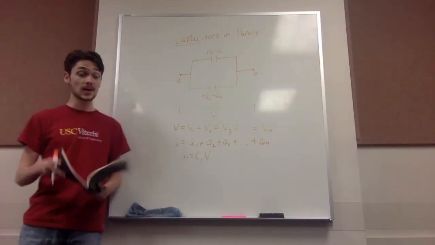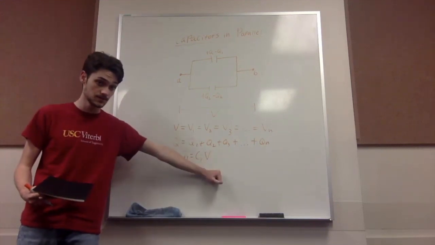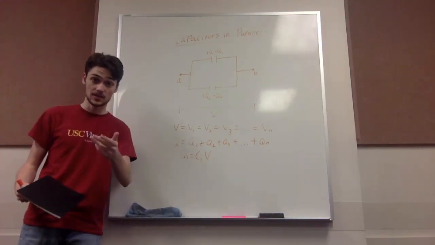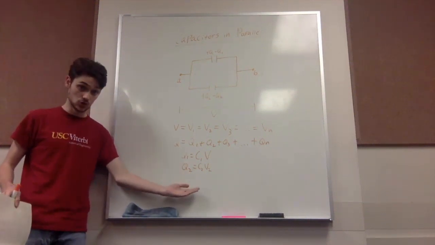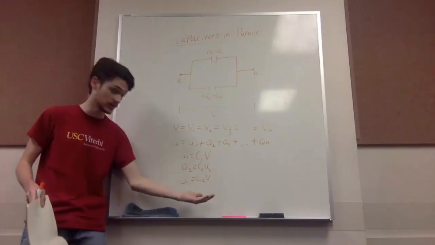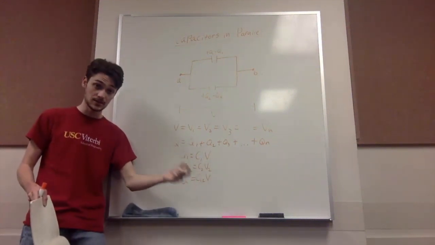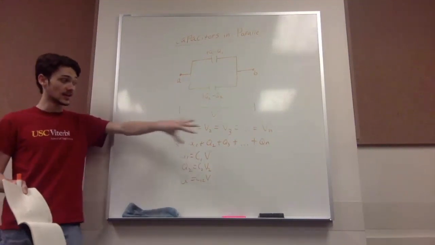Because using basic algebra, we can discover that Q1 is equal to C1 times V1. We got that from our definition of capacitance equation. Using the same logic, we get a value for Q2. And the charge inside the equivalent capacitor is going to be the equivalent capacitance multiplied by the potential difference in the system. Much like before, we plug this into this.